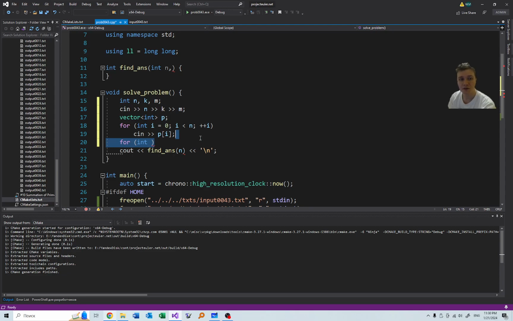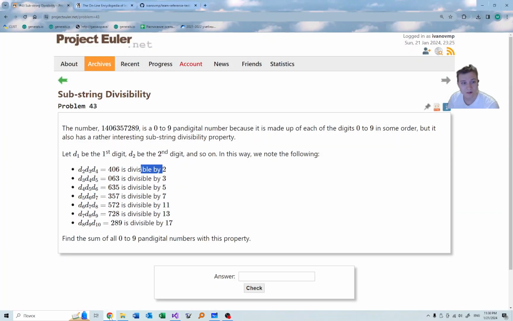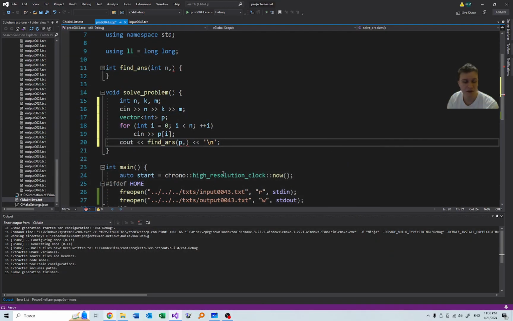So here we need to return ans of, what do we need? We need to print the sum of all pan-digital numbers. Okay, I think it can be long, but maybe not. So PKM.